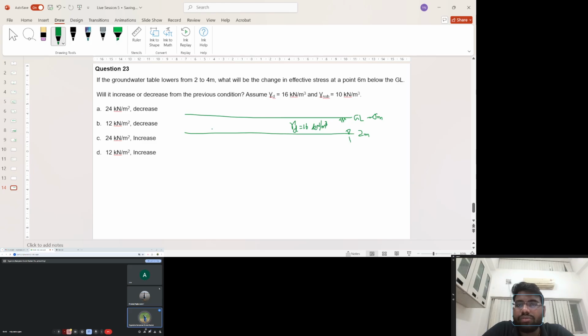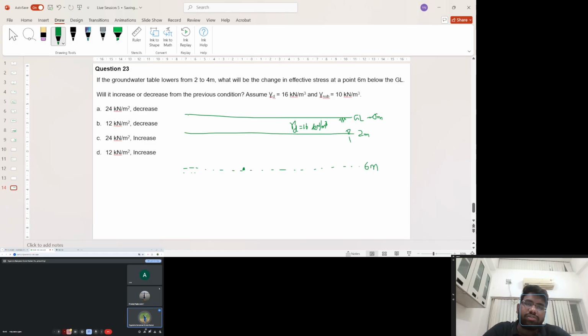Now we need the effective stress at a point 6 meters from the ground level.